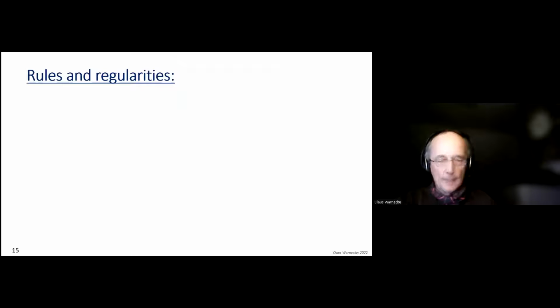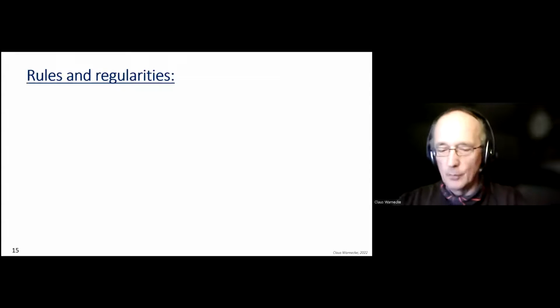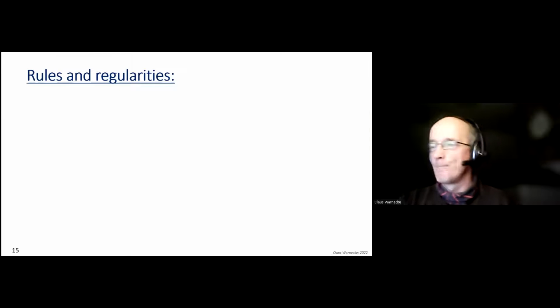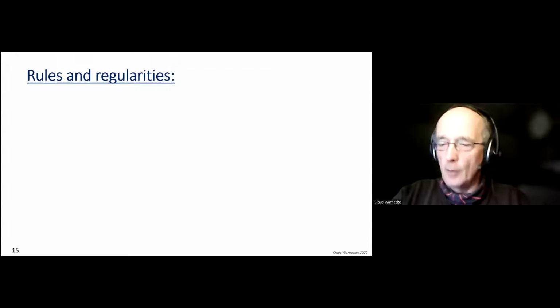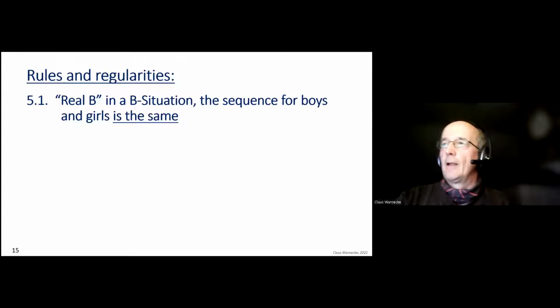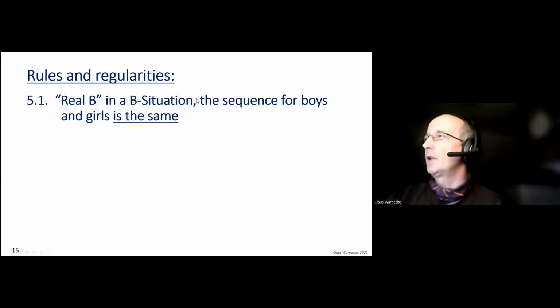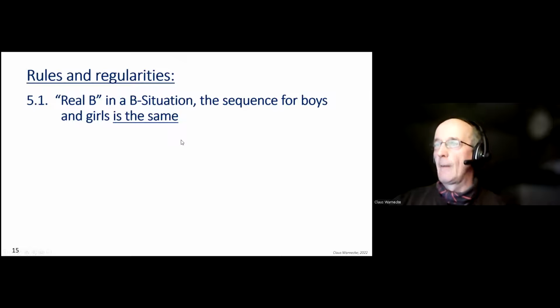Now we come to the main question of today. Why only two boys and not more? When we have the former rules and facts, we need only this list. When we have a real B in a B situation, the sequence for boys and girls is the same. That's the reason why we only need to watch two boys, because the girls is the same.